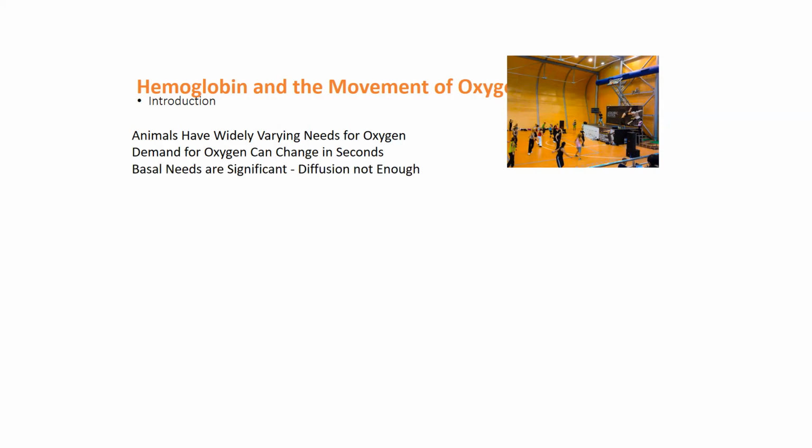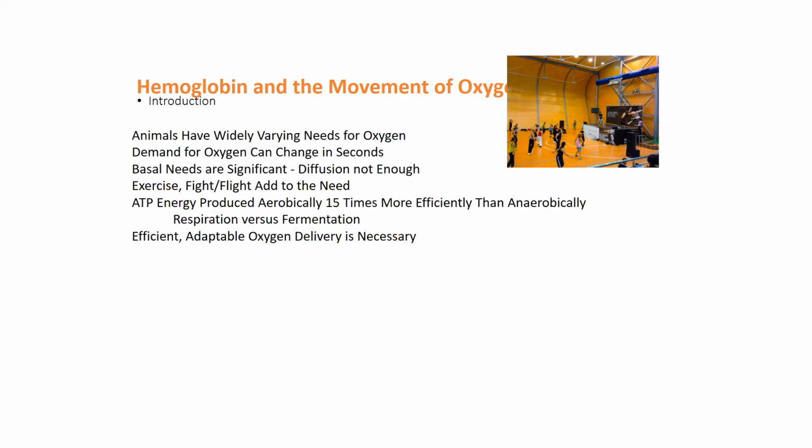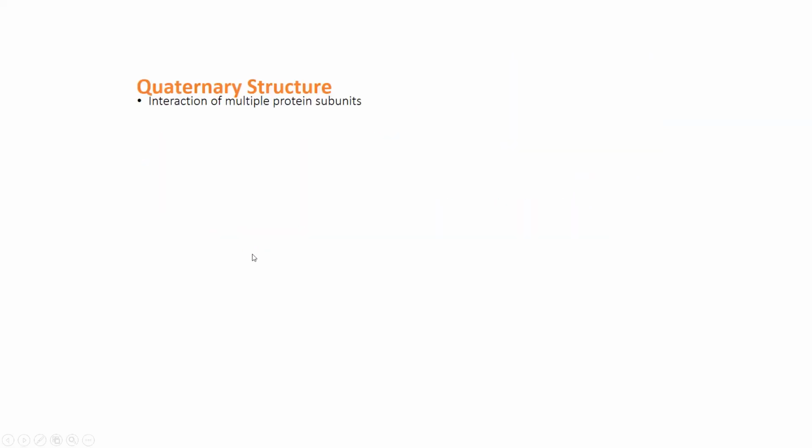So the demand increases a lot, and fight or flight, worrying and emotional distress cause an extra demand of oxygen. You have to remember that hemoglobin is made up of 4 subunits. 2 of them are alpha subunits and 2 are beta subunits.